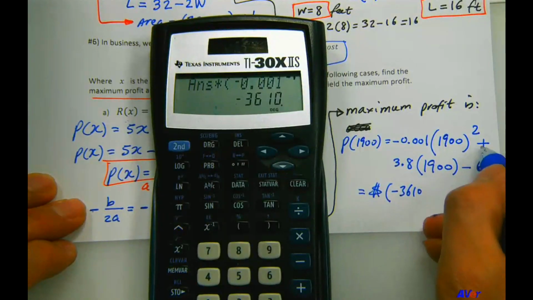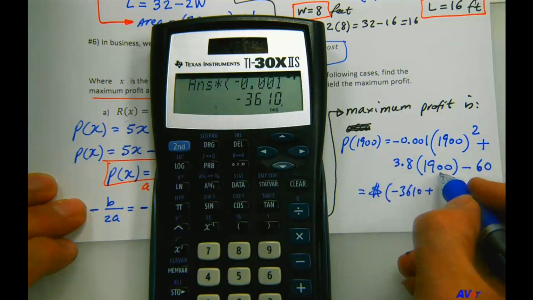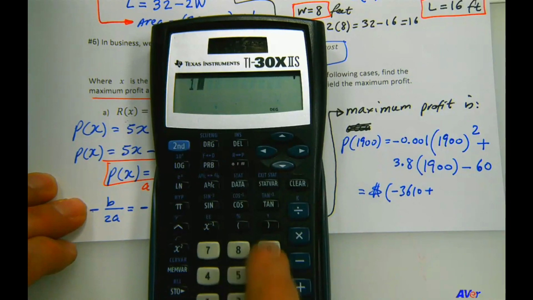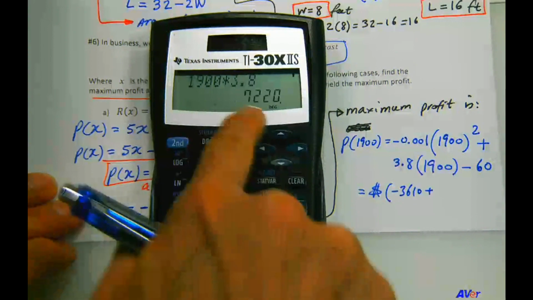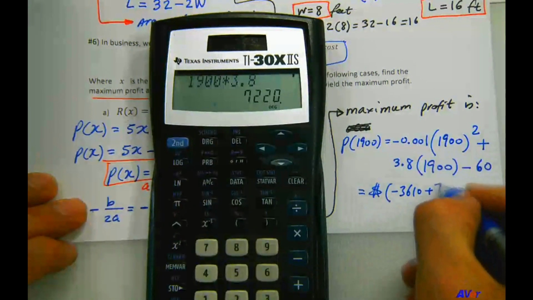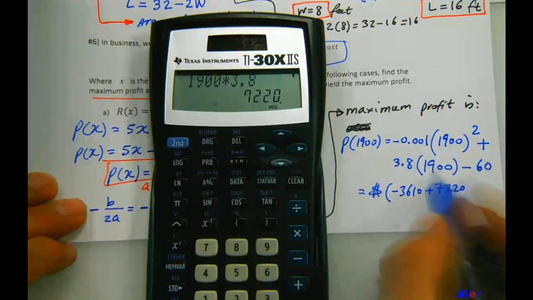That plus 3.8 times 1900, which is 7,220. Minus 60.